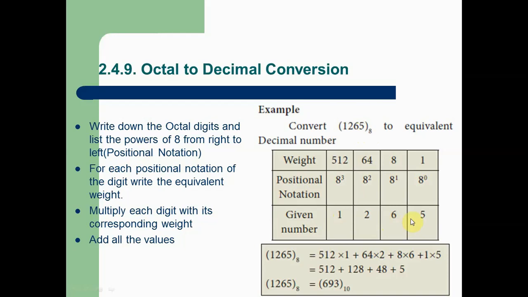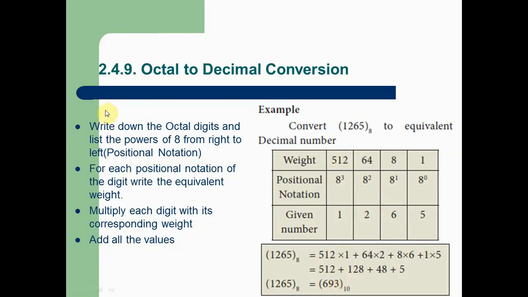So 8 power 3, 8 power 2, 8 power 1, 8 power 0. The weight value for each positional notation is written here, and then multiply the weight value with the given digit. So 512 into 1, 64 into 2, 8 into 6, 1 into 5. Now finally we will get the result 693 base 10.